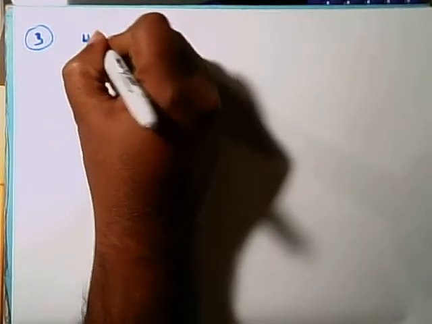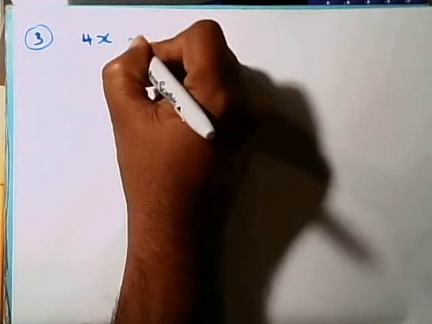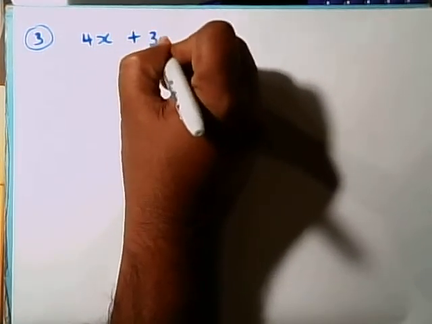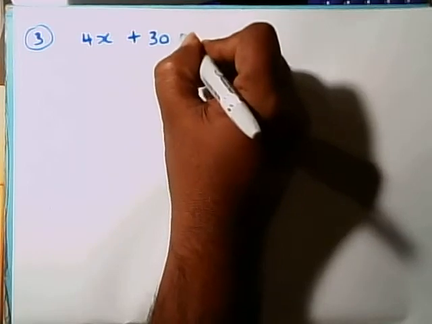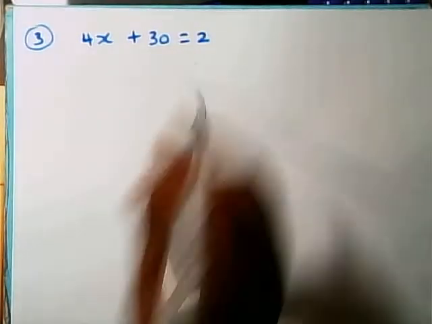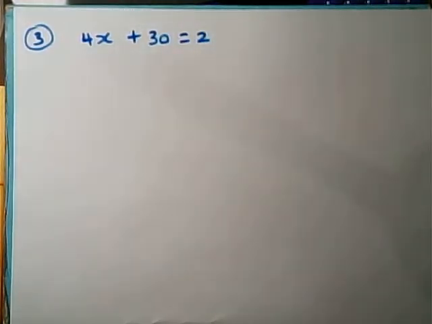Question 3. 4x plus 30 equals 2. Okay, this is what I would normally do.